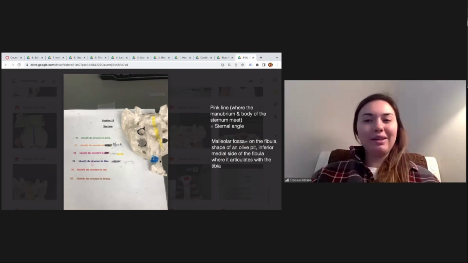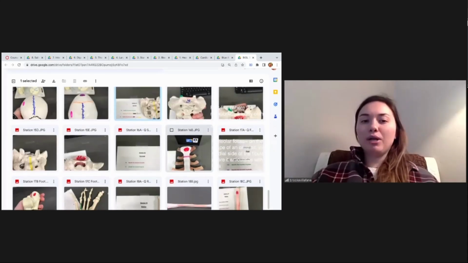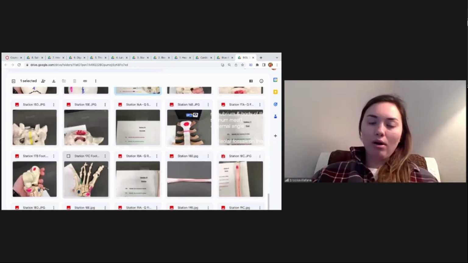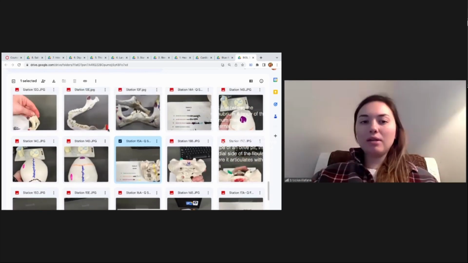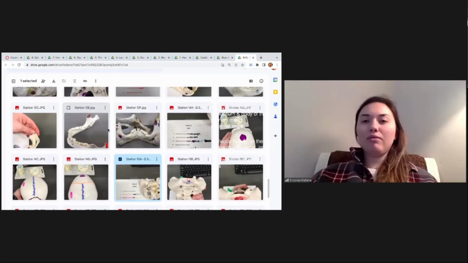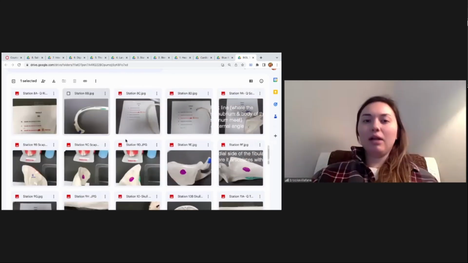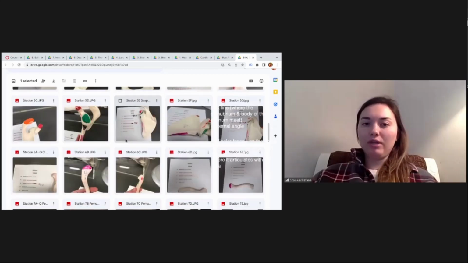You don't need a detailed, perfect model to find it. You can also use these pictures to see pretty clearly what our bone looks like and what your bone looks like, and use both this weekend. The only ones that are even a problem are the holes of the skull and the clavicle. Other than that, you can make your bones work at home and you shouldn't have any issues for the exam.